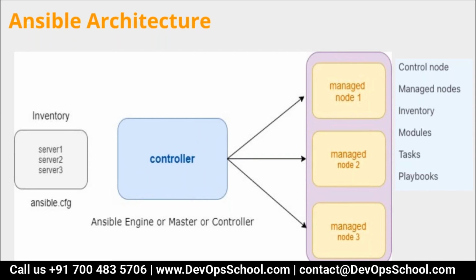Whatever tasks we want to perform, we can perform. So Ansible is not limited to only configuring. It can manage the servers, it can manage the applications, it can do a lot of things. I hope that clears the question.